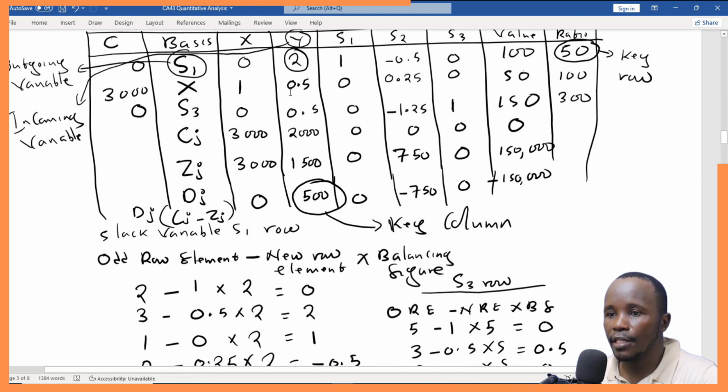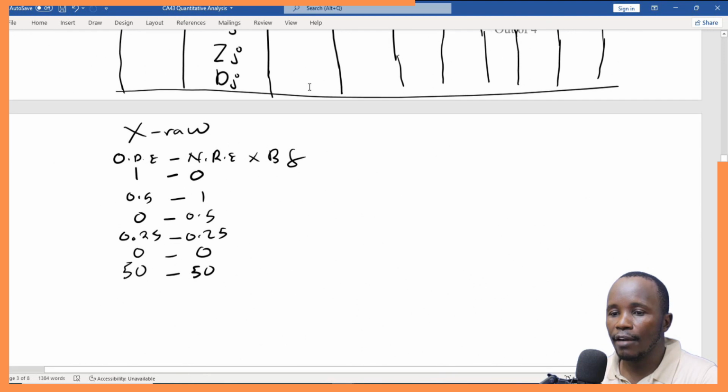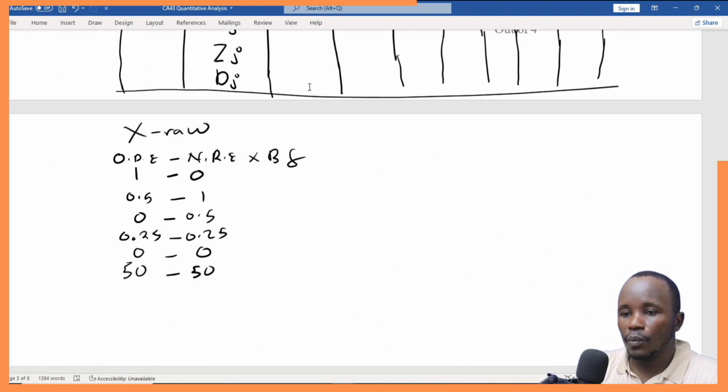It meets here. This is 0.5. Where 500 meets the row under consideration is 0.5. This becomes our balancing figure. So we shall have times 0.5 across the row.